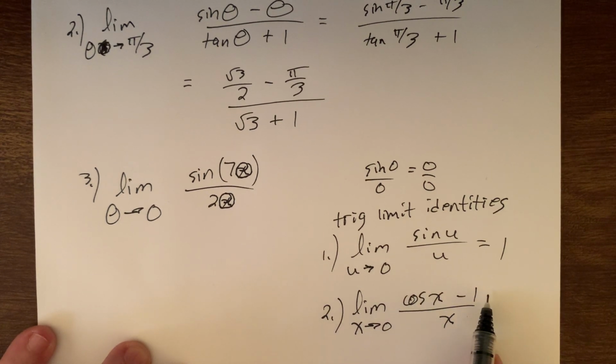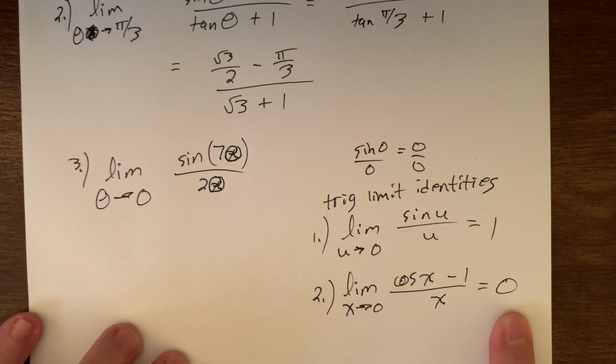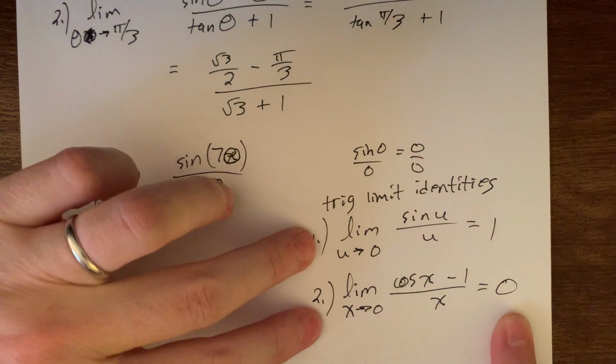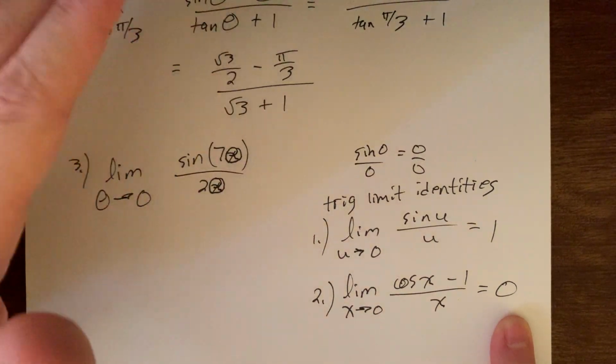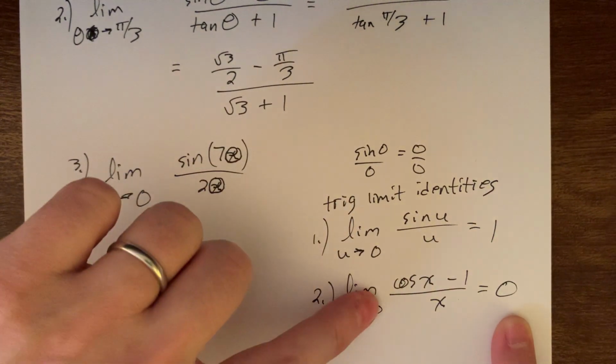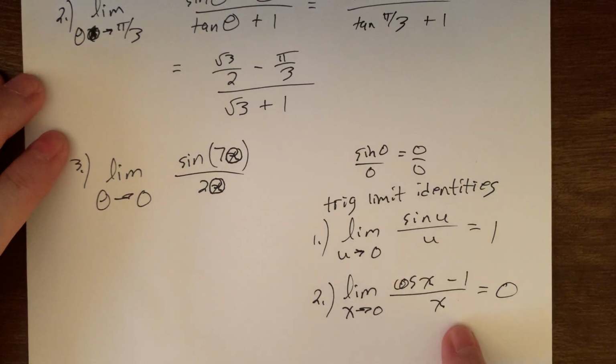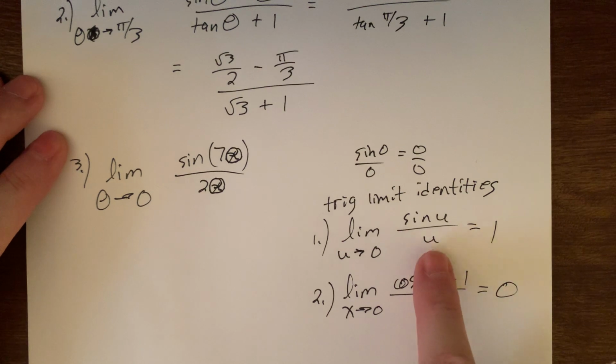So 1 minus 1 gives me 0 over 0. This is another 0 over 0, but this one, the answer is 0. So again, just from these two identities, 0 over 0 can take us anywhere. This 0 over 0 takes us to 1. This 0 over 0 takes us to 0. But these are the two identities we're going to need. The reason I used a u here is that we're going to use this one more frequently.